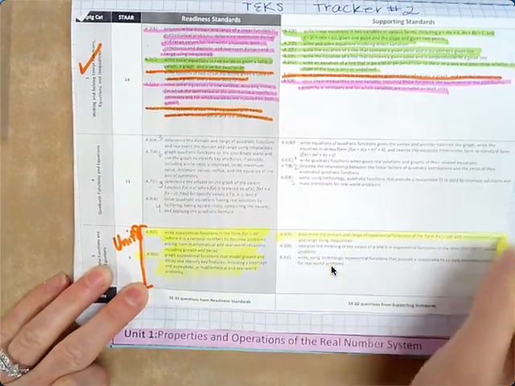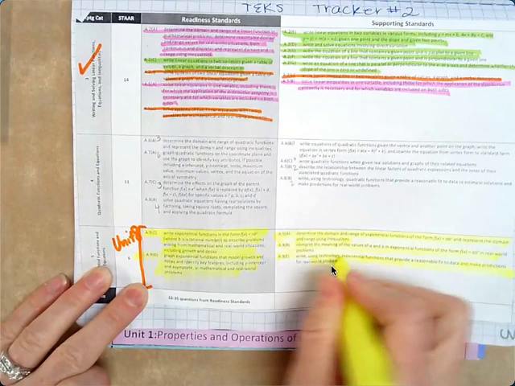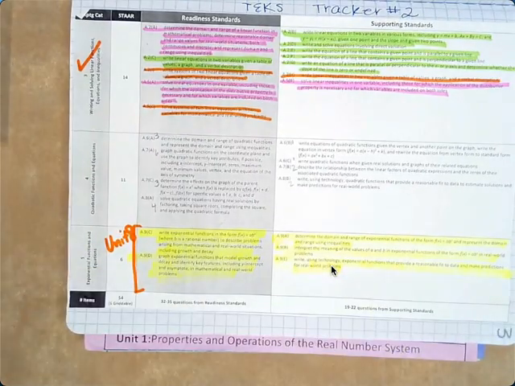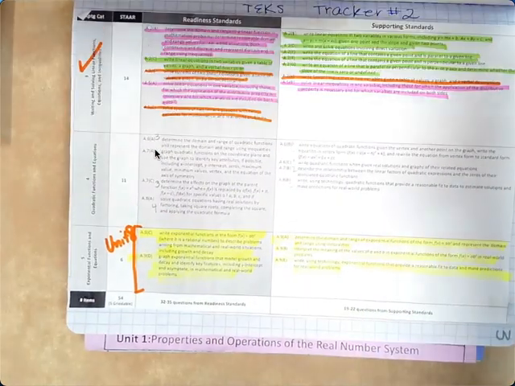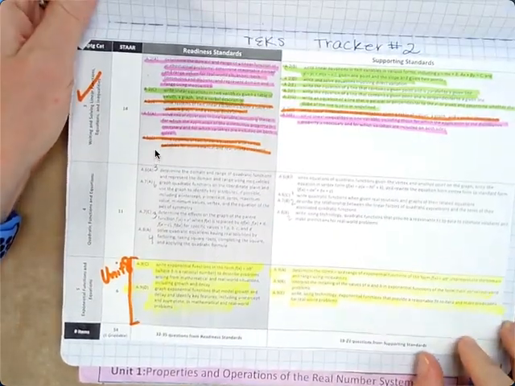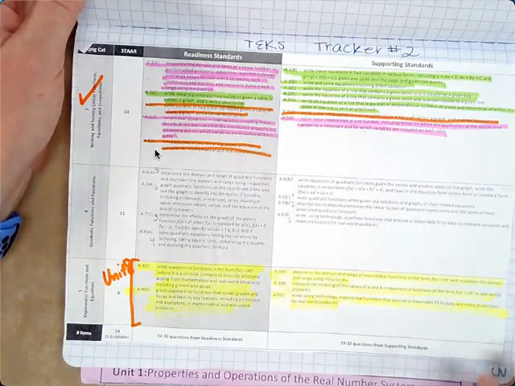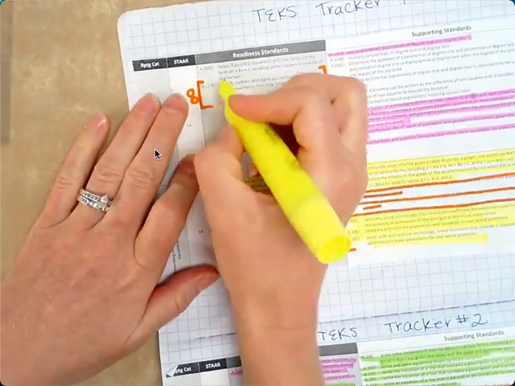This is all about exponential functions. We are finished with that. And we also have done in category 1A 11B. So look at A11B.